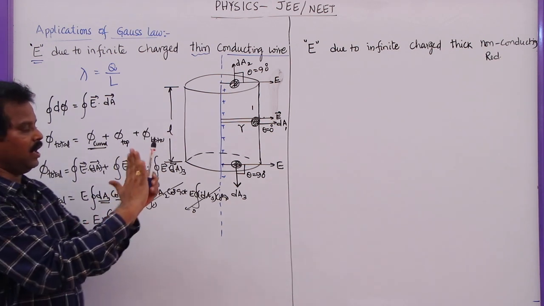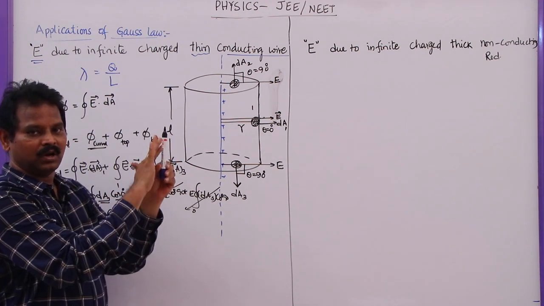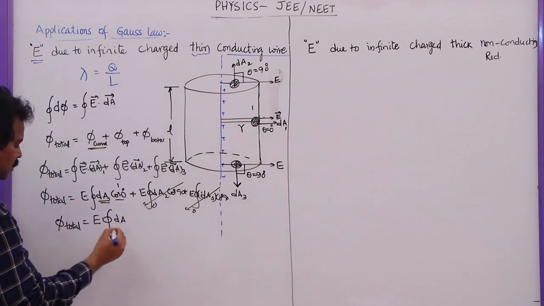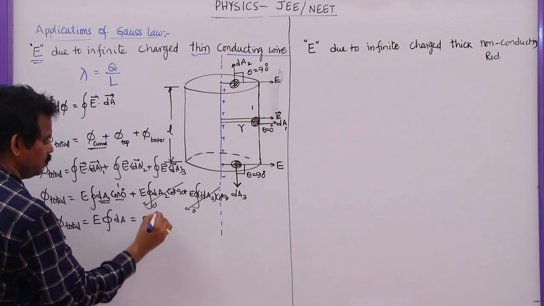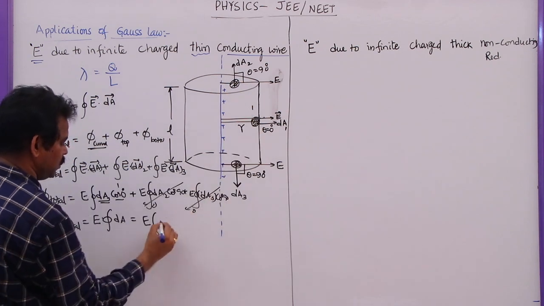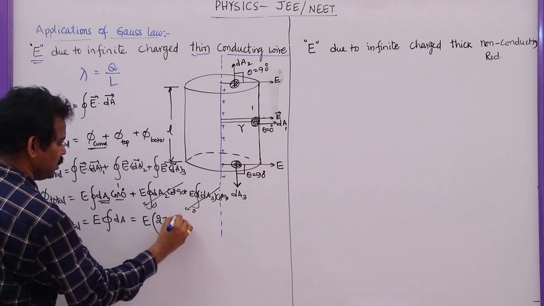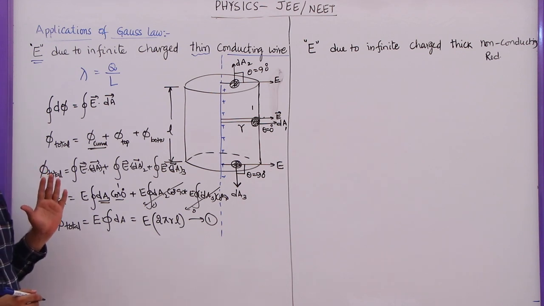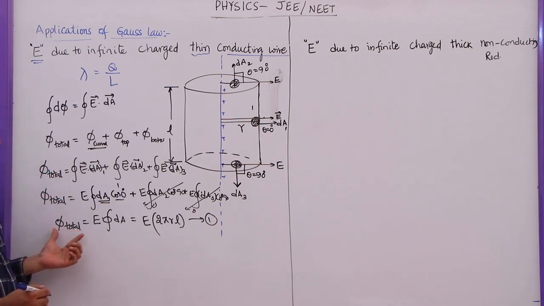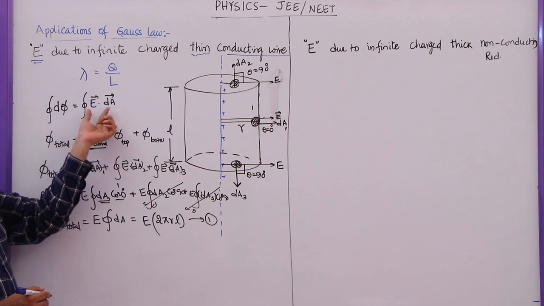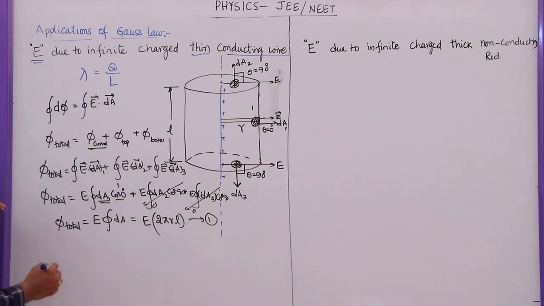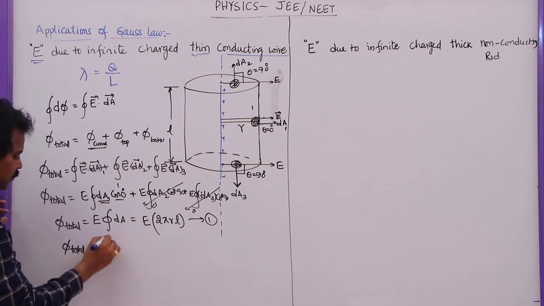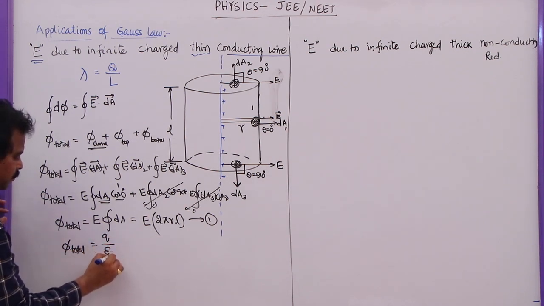But what is the surface area of this curved closed Gaussian surface? This is given by E into 2 pi r L. So let me write this as E times 2 pi r L. This is equation 1. That is from the definition of electric flux as the product of the electric field and the area. But from Gauss law, what can we write? The total flux is the charge enclosed divided by epsilon naught.